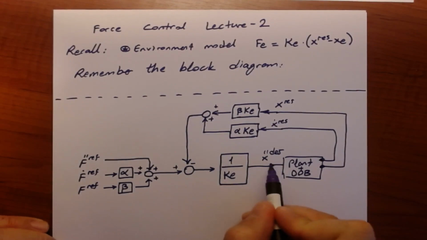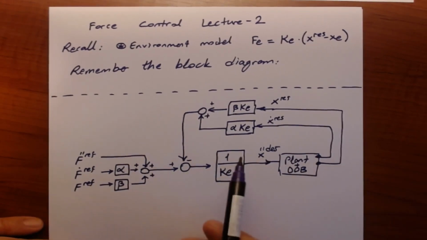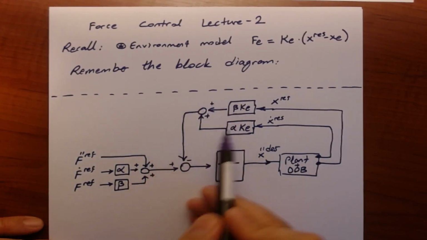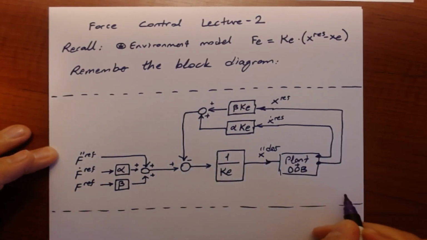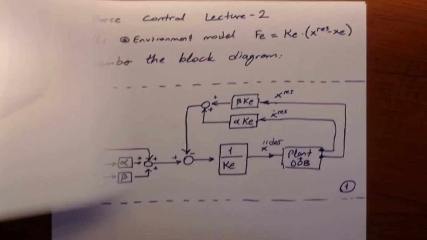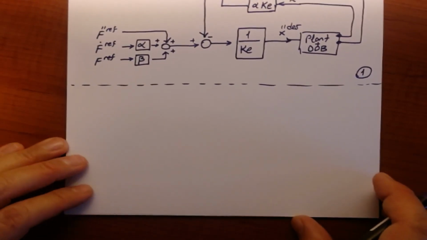Now, I would like to take your attention to one point. This 1 over KE scaling can easily be embedded in those coefficients, which means that the block diagram given here in the first drawing can be modified as the one that I'm going to draw in the second drawing. Let us have a look at it.